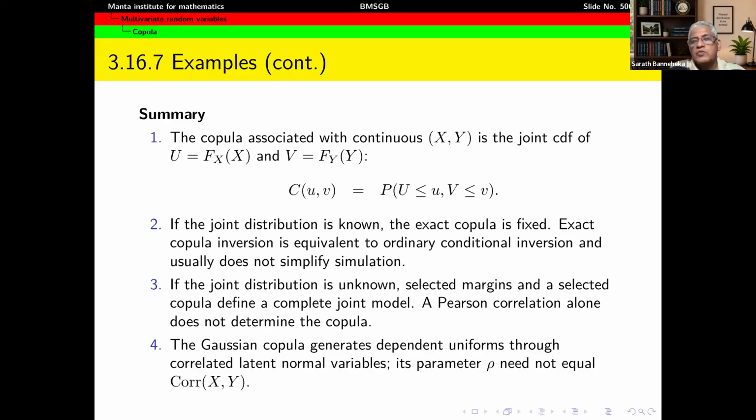In that kind of situation we need the copula method, right? So what we do is select a suitable known copula and apply it with the given marginal distributions to generate the data. In that case, of course, we have to calibrate the parameters in the selected copula.